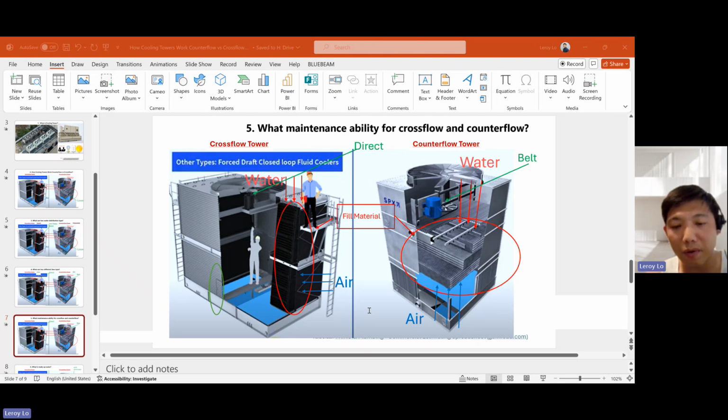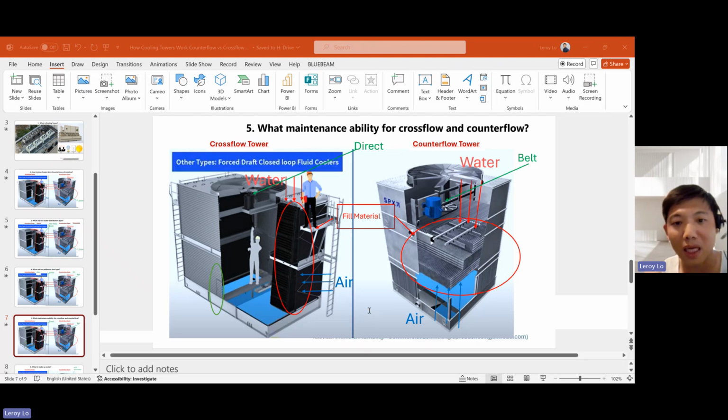You can see on the left side of the photo for the crossflow cooling tower, this one is showing the optional ladders and working platform because the tower is so high, so you need a ladder for service. So this one you can do maintenance while the system is up and running, because the water is actually trickling down only at the filling section. In the other section there's no water, so you don't get wet over there.